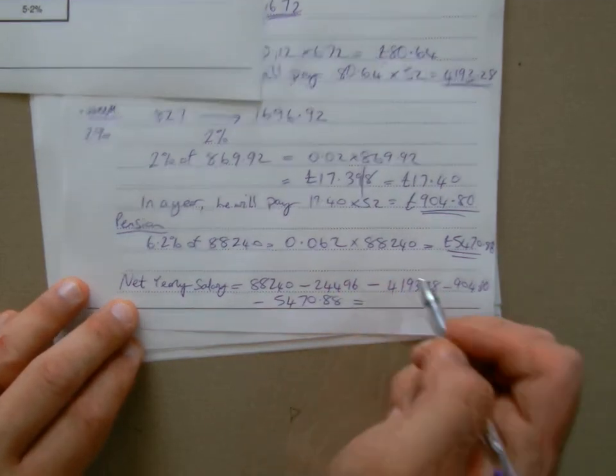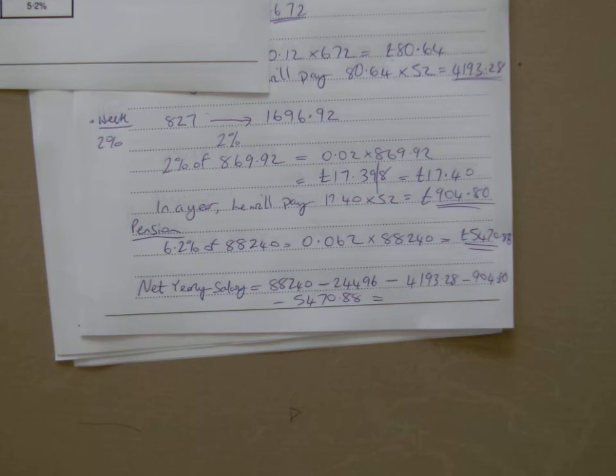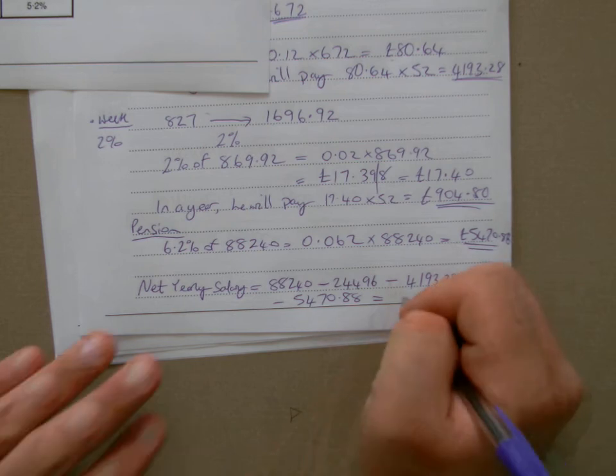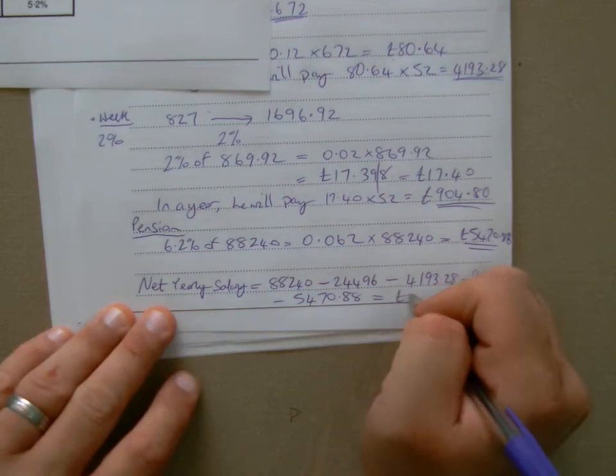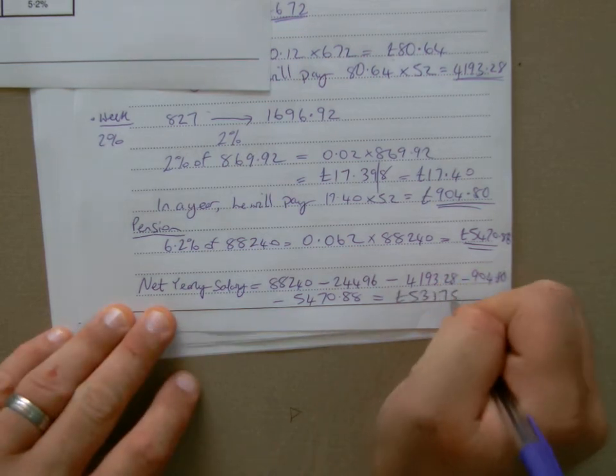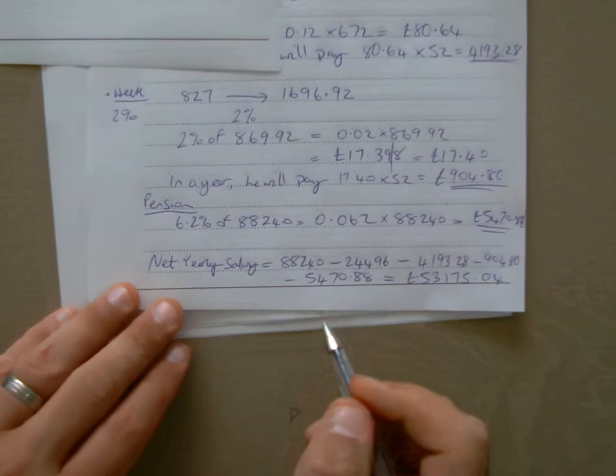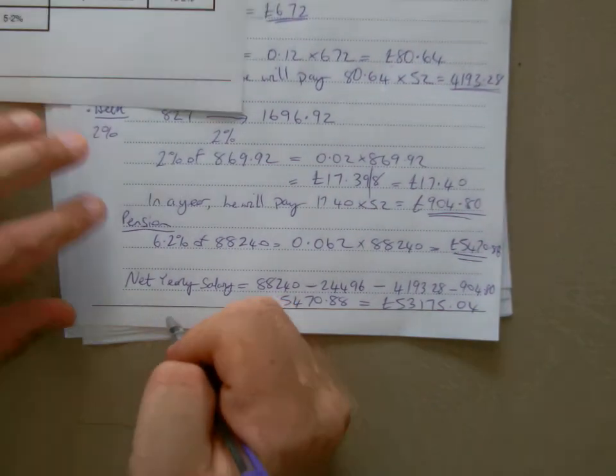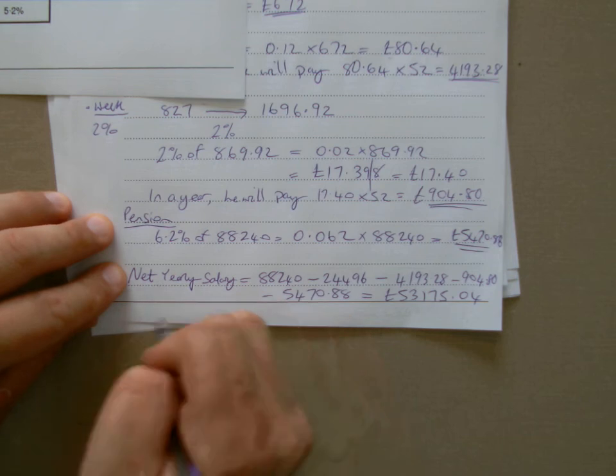And let's work what that is going to be. So on my calculator, that comes out to be 53,000 he's left with, £175.04.